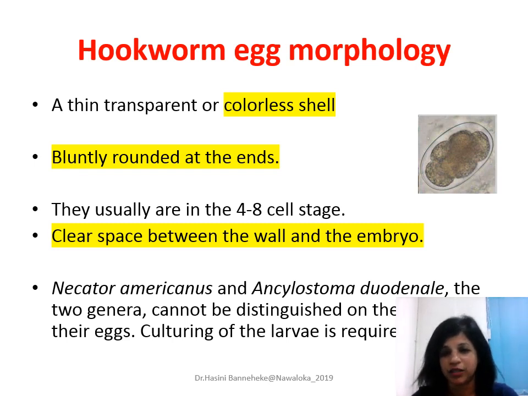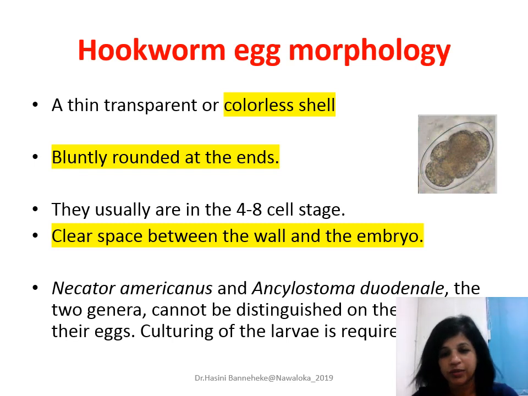And if you see from the wall, that thin wall up to the embryo area is clear. That space between the wall and the embryo is quite clear. So those are the features with which you are going to say that this is a hookworm egg.